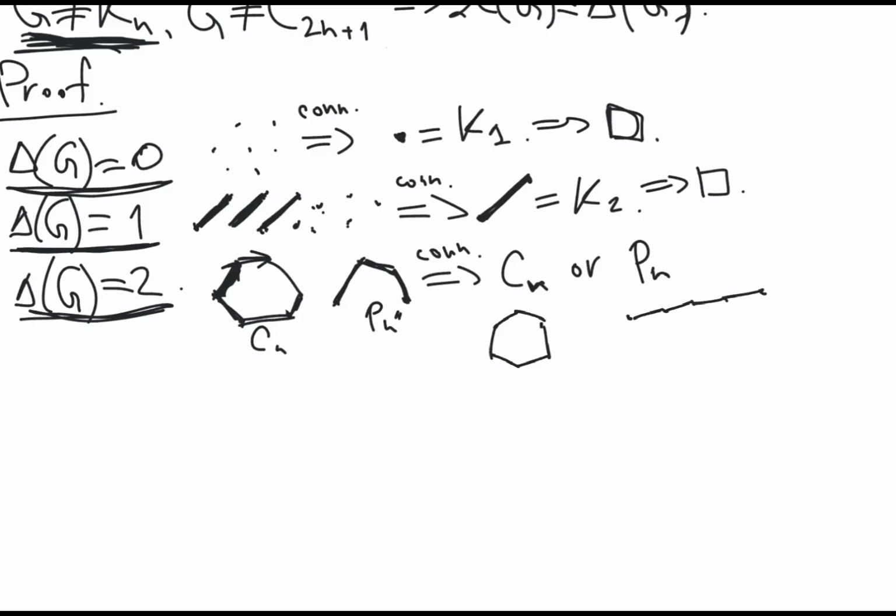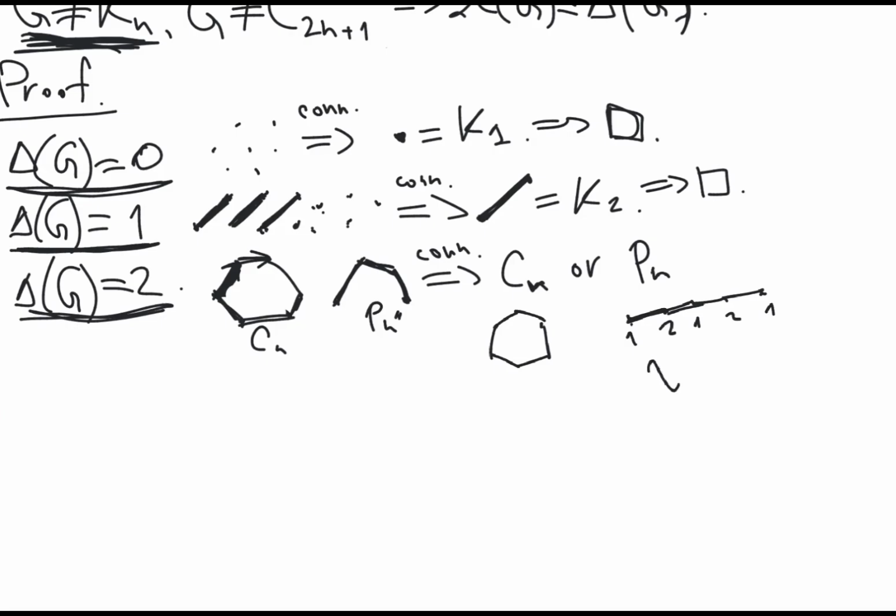So for a path on n vertices, the chromatic number is equal to 2, because it can be colored with 2 colors by alternating colors, and of course it's not one colorable if n is at least 2.